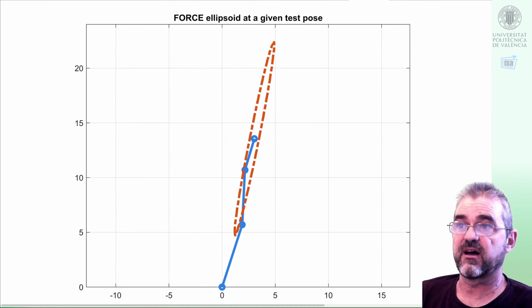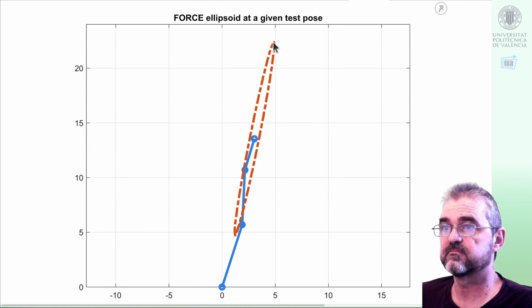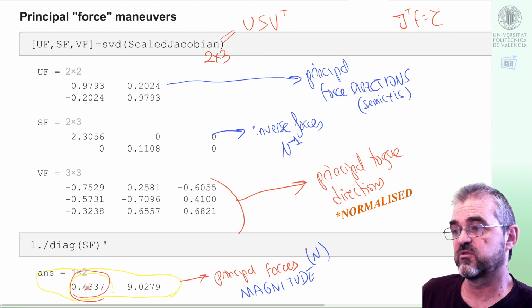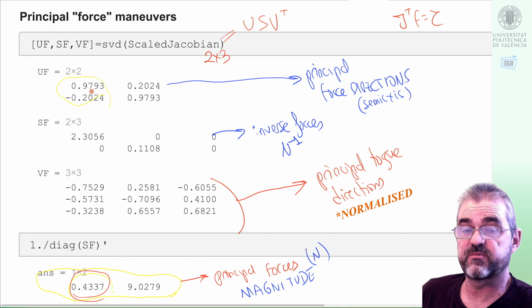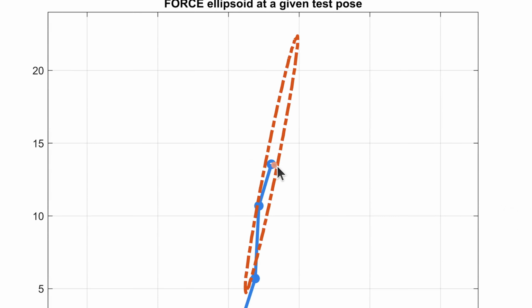Here we have it, the large force of length 9 in this 0.2, 0.9 direction, and we'll have a much smaller force, 0.4 newtons, in this direction here, which is perpendicular to the other one, which is the one here.